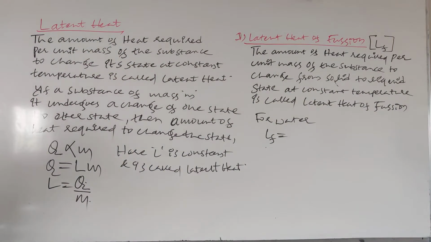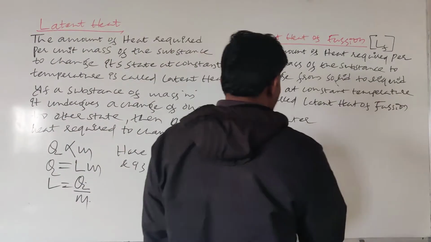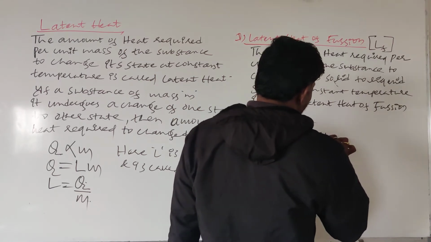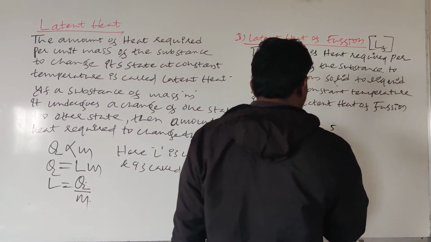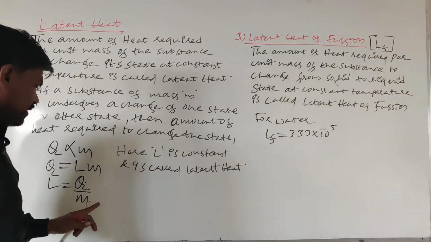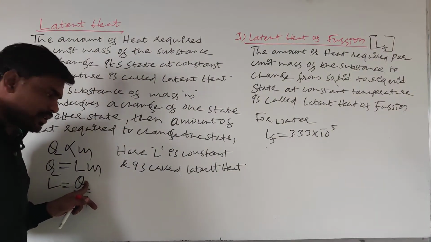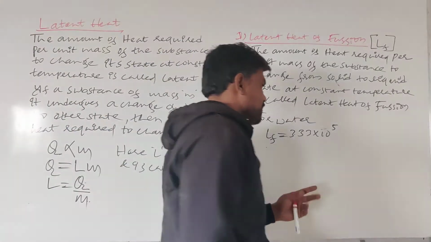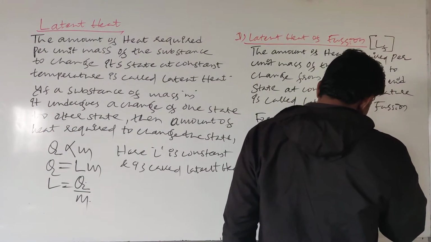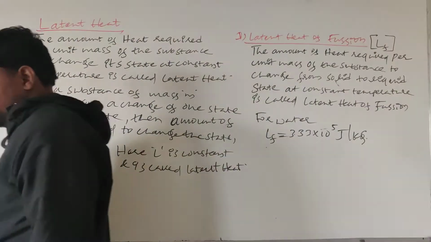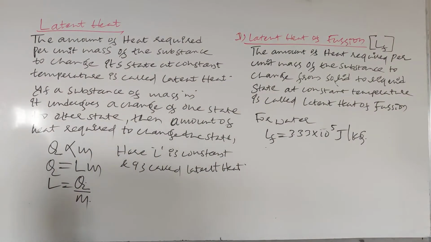That is 3.33 into 10 raised to 5 joules per kg. Heat is in joules, mass is in kg, so the unit is joules per kg. This we call latent heat of fusion.